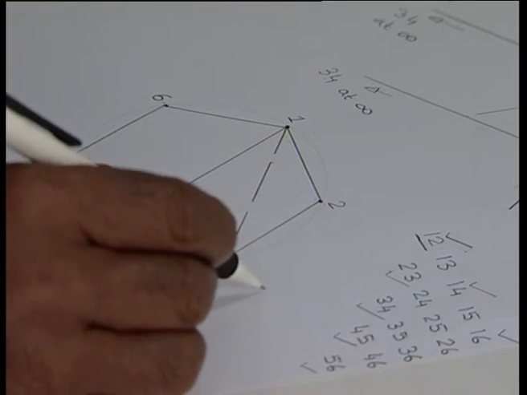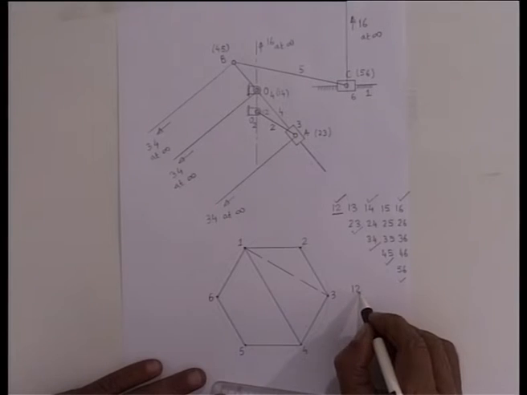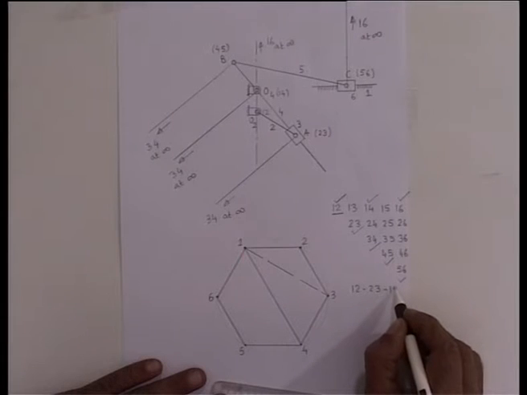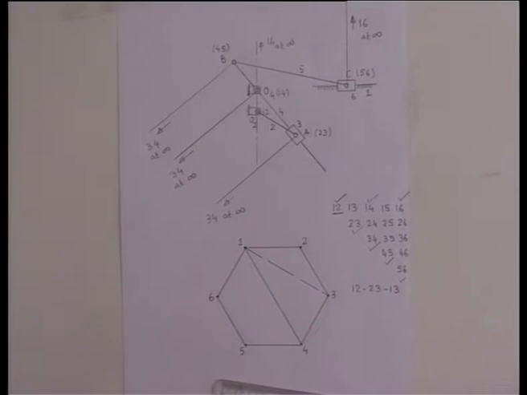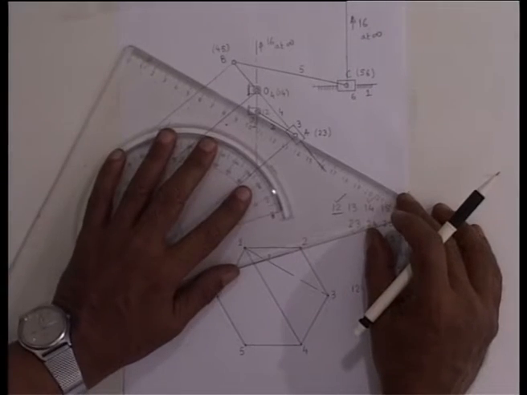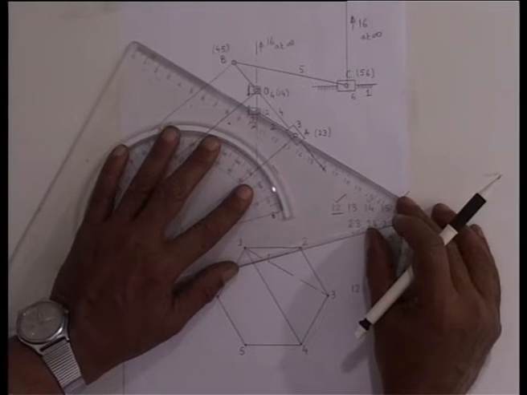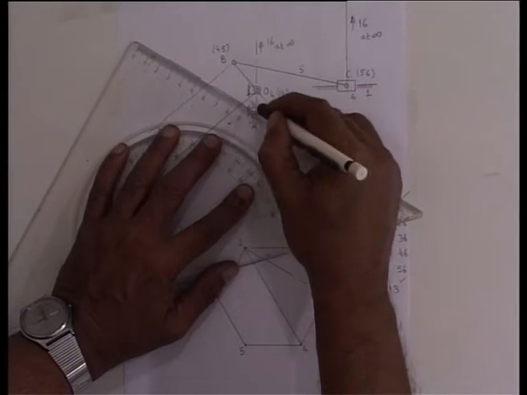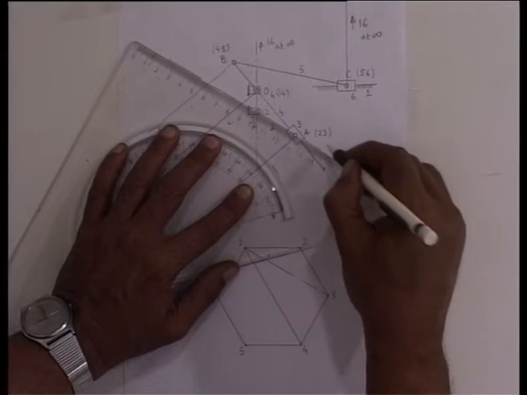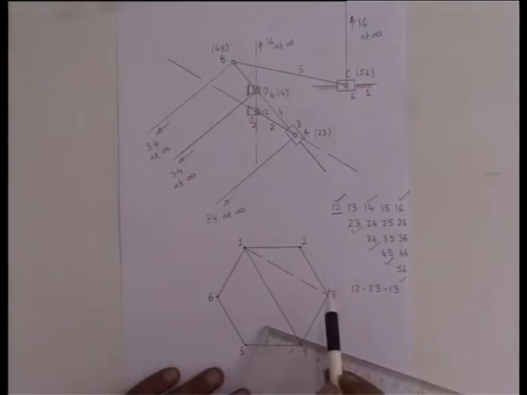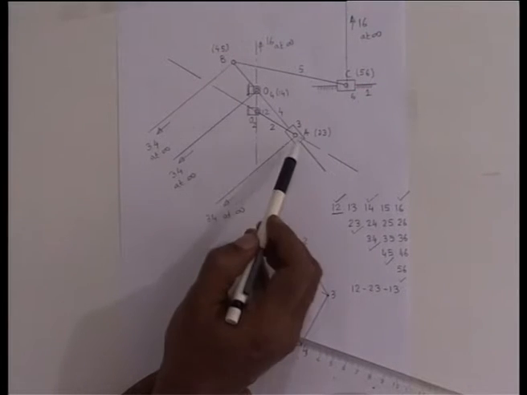We consider that 1 2, 2 3 and 1 3 are collinear. We have already drawn 1 2 and 2 3. So, 1 3 must be lying on this line. This is what we call the Aronhold-Kennedy theorem, that 1 2, 2 3, 1 3 are collinear, 1 2 is here, 2 3 is there.